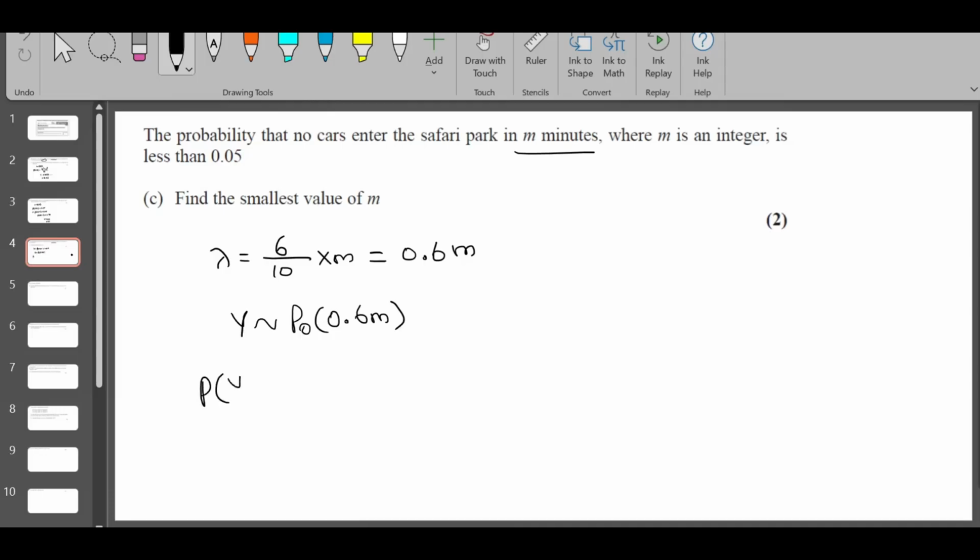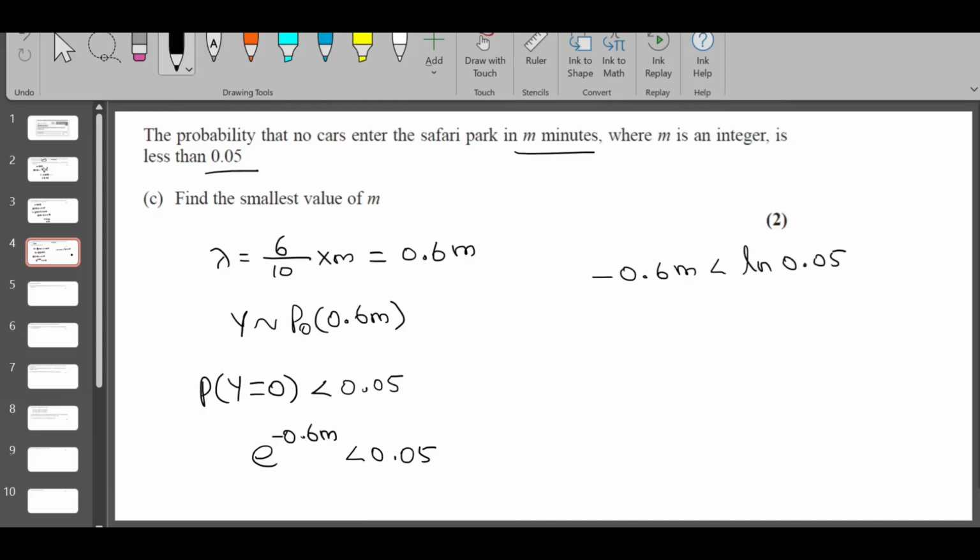The question says no cars enter, Y is 0. Okay, the probability is less than 0.05. So how do you write the formula? e to the power minus lambda, lambda to the power 0 over 0 factorial, which is 1. Just leave it. Take natural logarithm both sides. The e will be gone. You will get natural logarithm of 0.05.